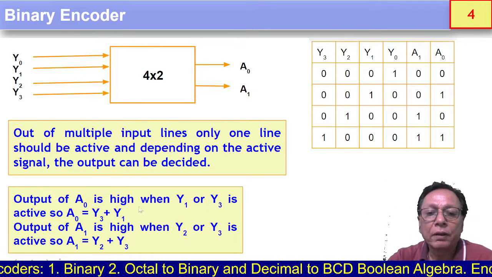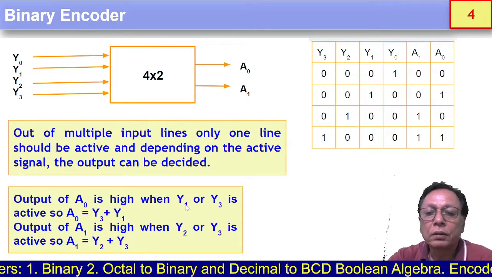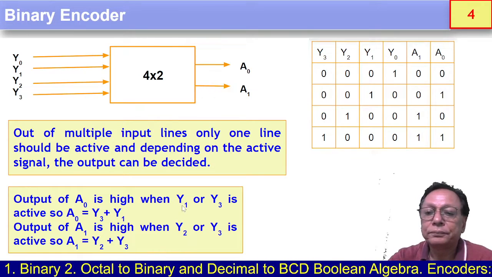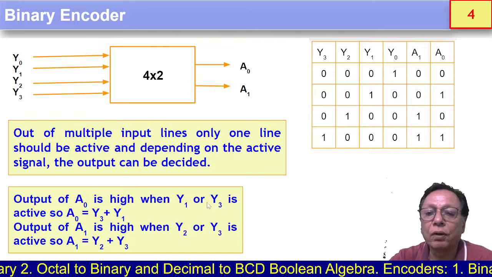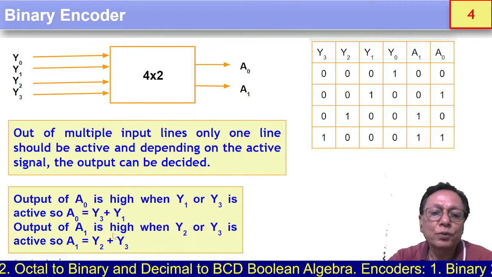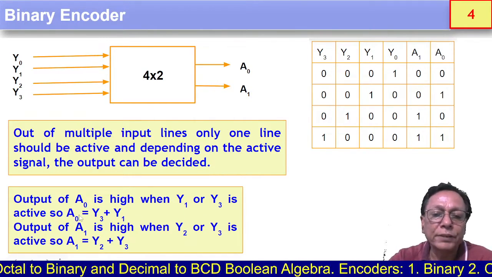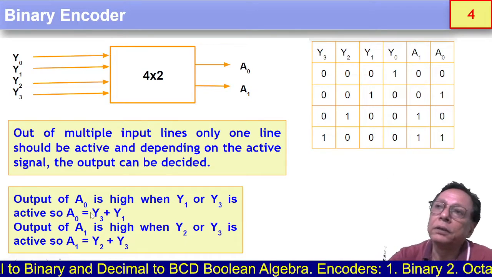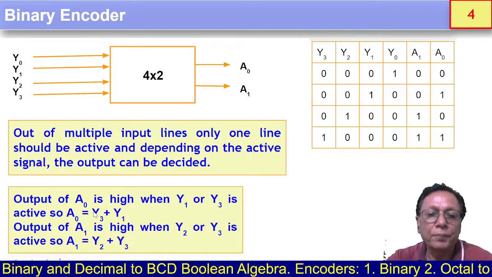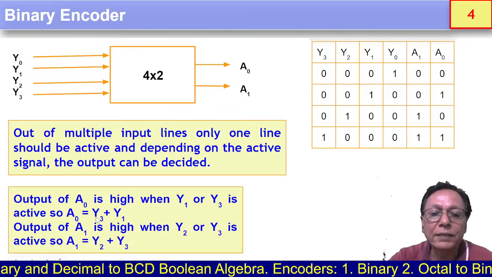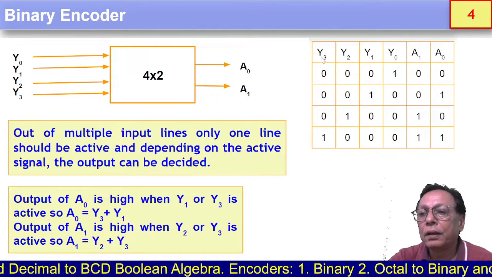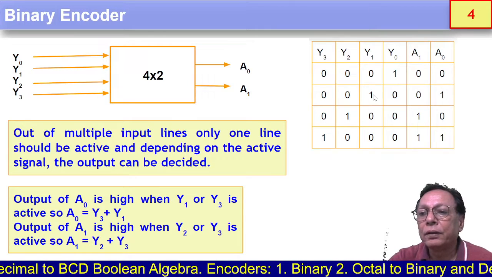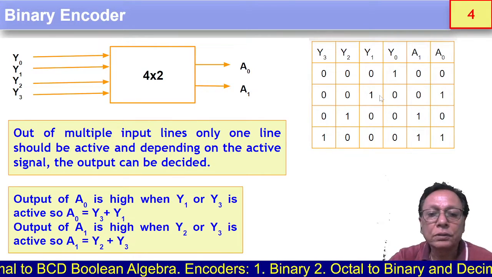See here, for a0, y1 or y3 signals are active. So the output a0 will be formed by the active lines y3 and y1. So this is your a0.